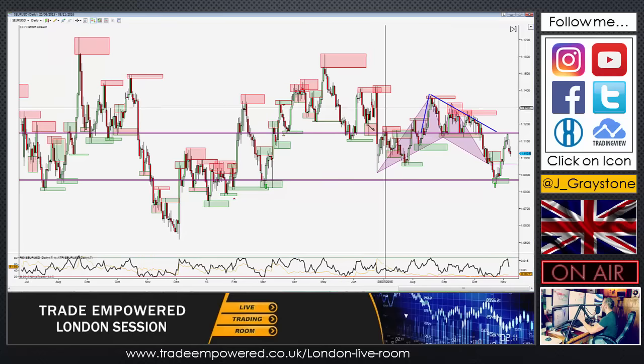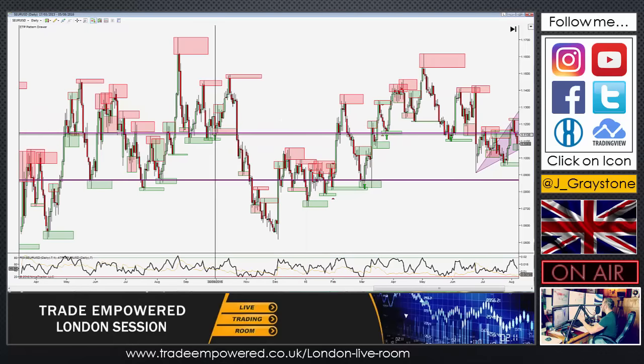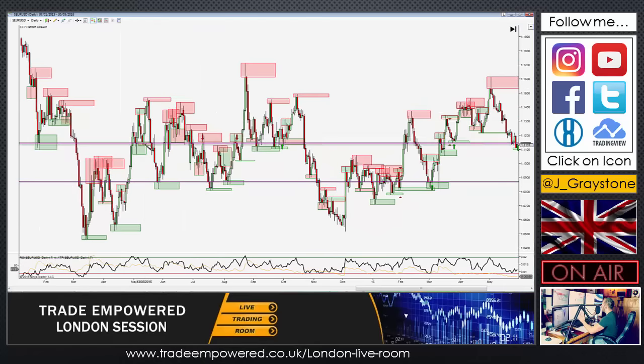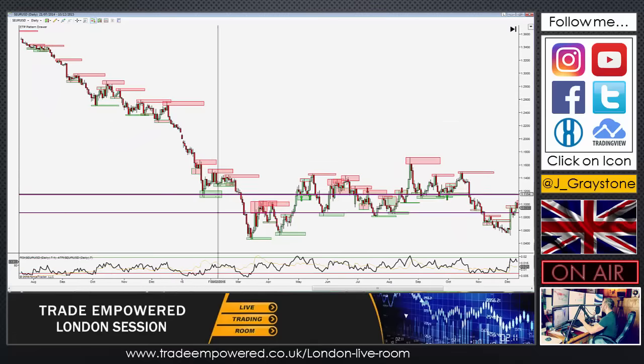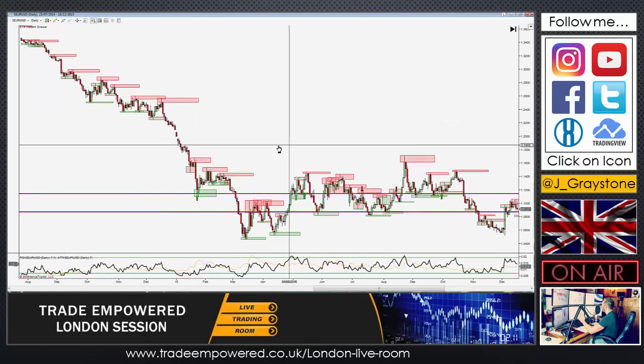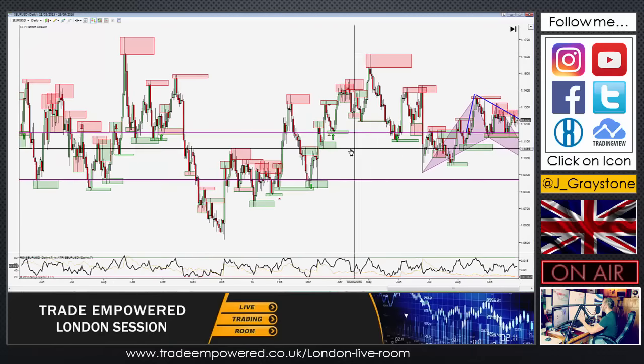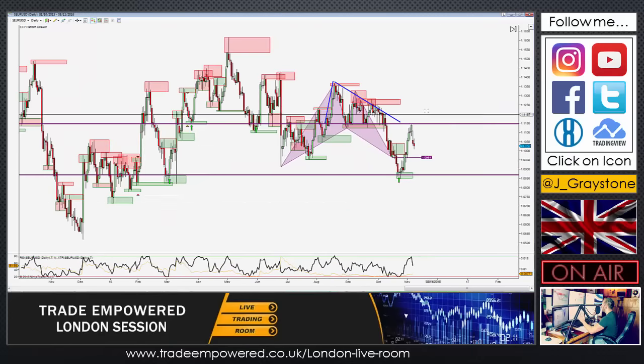You can look left and you can see we've got structure. You can pick it out everywhere, right, where it holds at this level. And what you see is that if market respects a certain level over and over again like this, well, if it ever comes back to that area, you know that market's likely to react at that level.